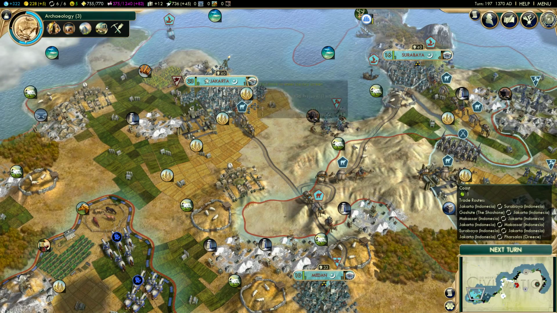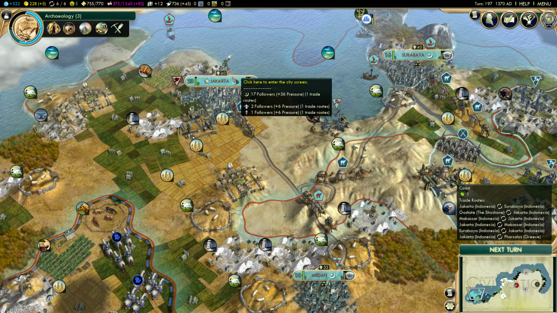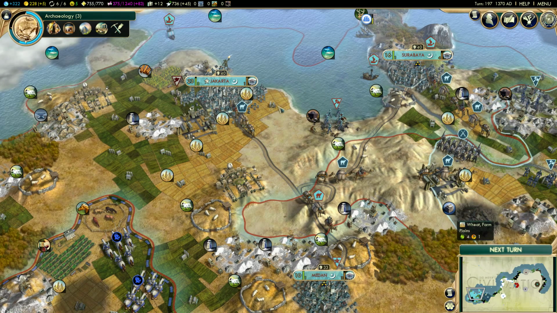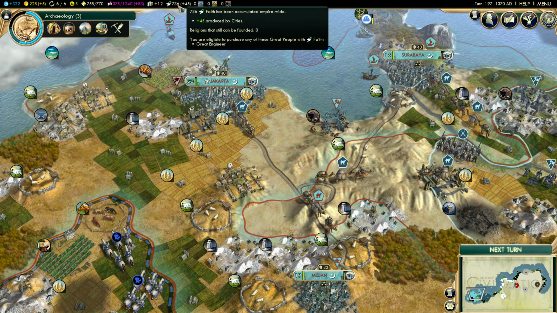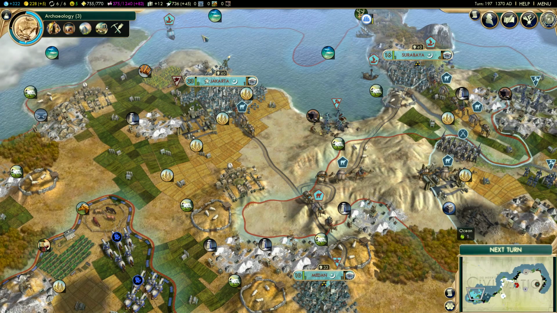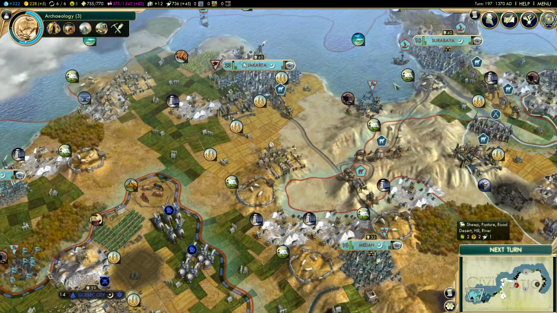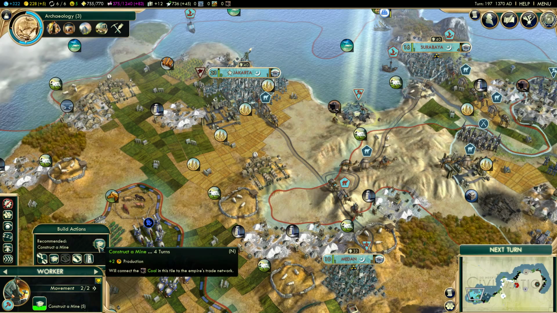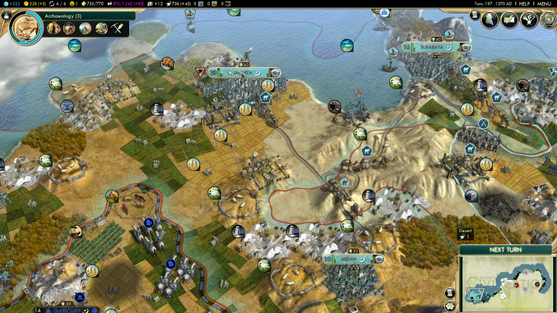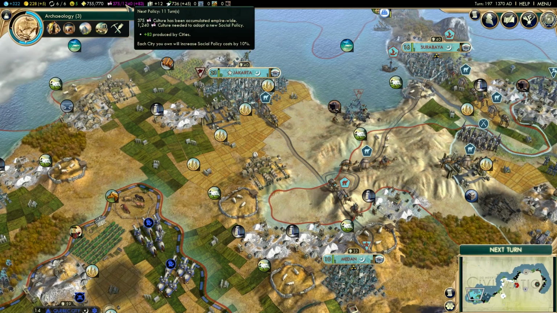Yeah, so tourism output, very important. Culture output, very important. Get open borders from them, deny them open borders to you. Follow the culture leader in ideology if you think you are going to need to, although I usually would prefer to get one myself early on and then get 2 free tenets.